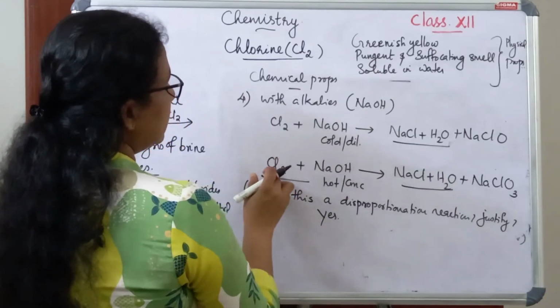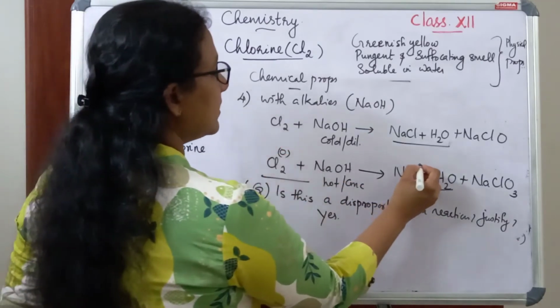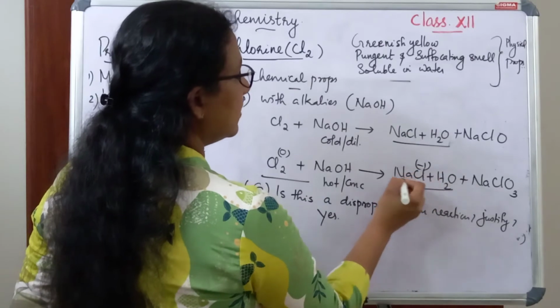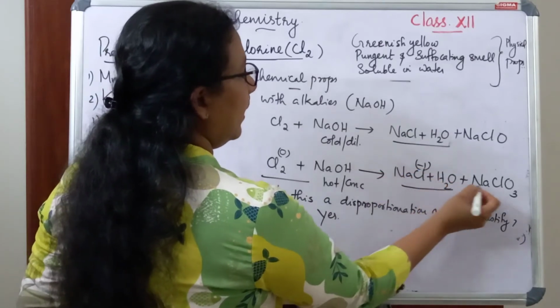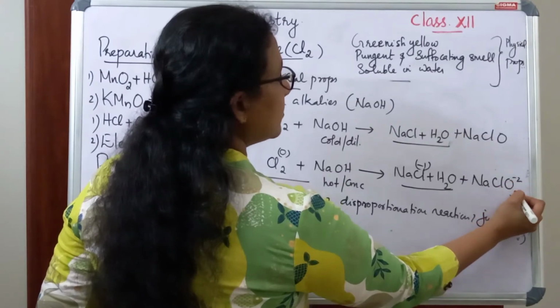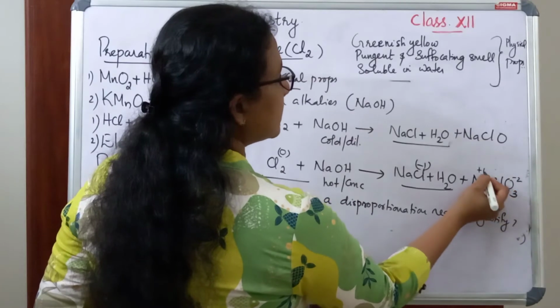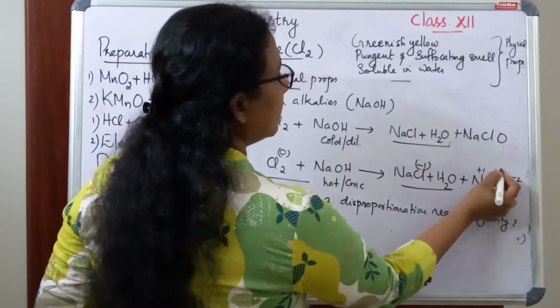In this case Cl2 is in the zero oxidation state. Here it is in the -1 oxidation state, the Cl. And in this case, since it is -2 and +1, -6 + 1, it will be +5.